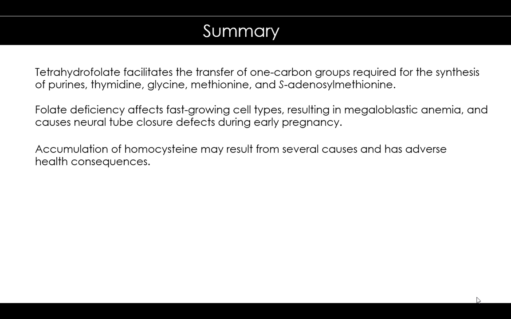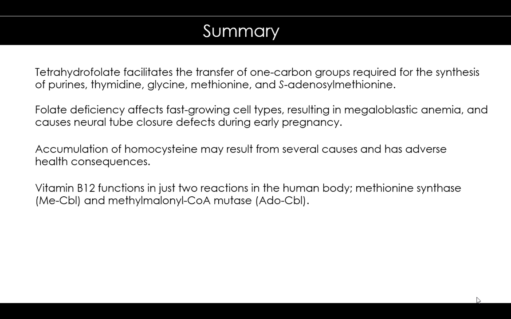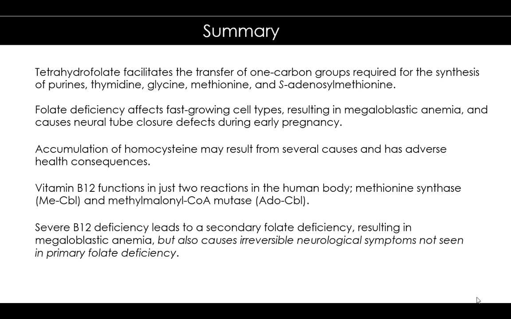Accumulation of homocysteine may result from several causes and has adverse health consequences. Vitamin B12 functions in just 2 reactions in the human body, the methionine synthase reaction and the methylmalonyl-CoA mutase reaction. Severe vitamin B12 deficiency leads to a secondary folate deficiency, resulting in megaloblastic anemia, but also causes irreversible neurological symptoms not seen in primary folate deficiency.